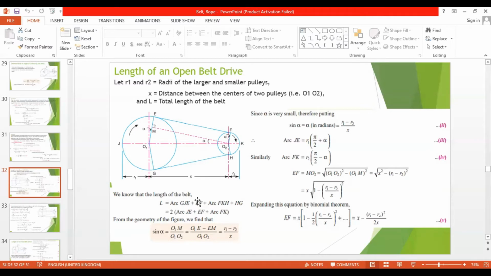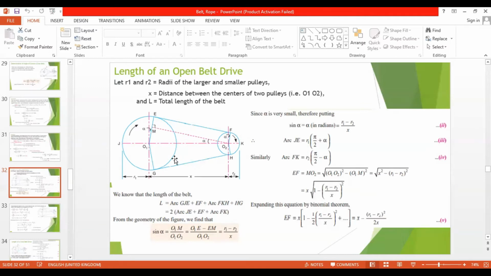We know that the length L of the belt is equal to arc GJE, the region where the belt and the pulley are in contact, plus EF, the region from the larger pulley to the smaller pulley, the non-contact region, plus arc FKH, the region in contact with the smaller pulley, plus HG, the region not in contact with the pulleys, on the tight side.